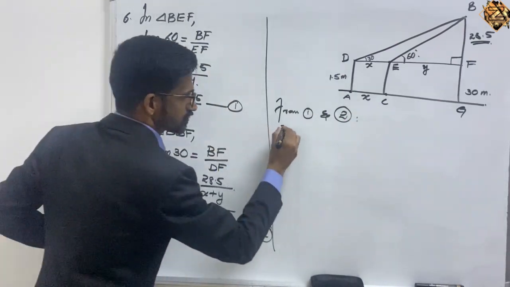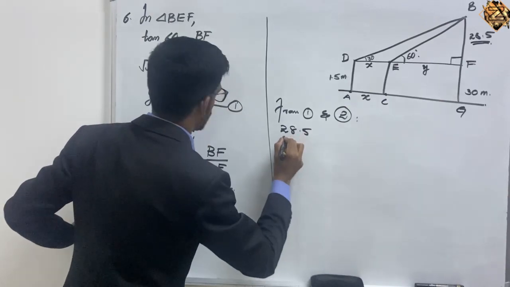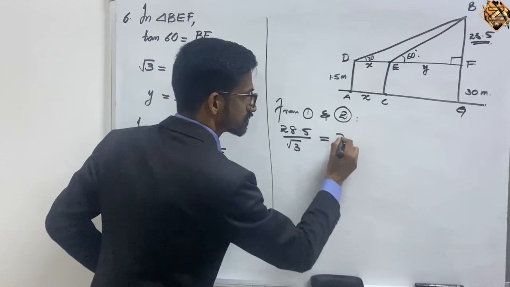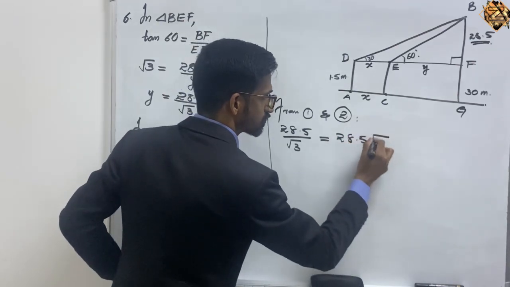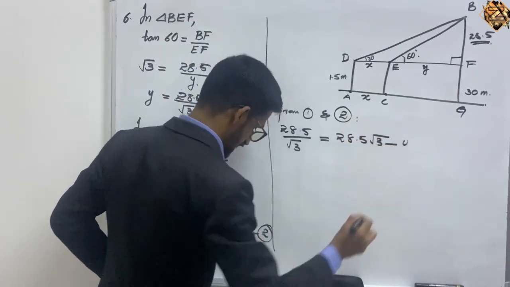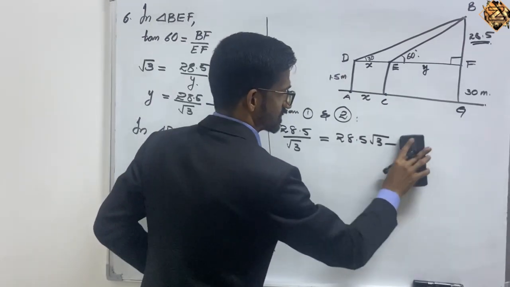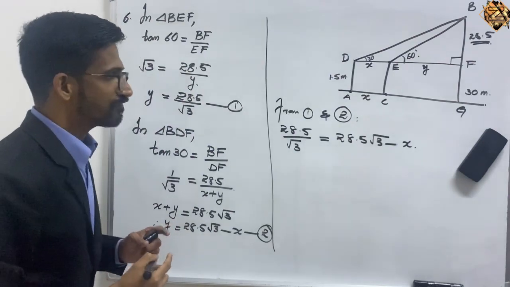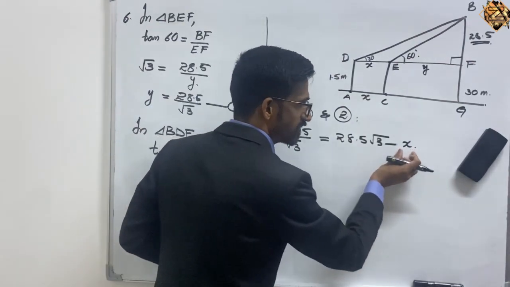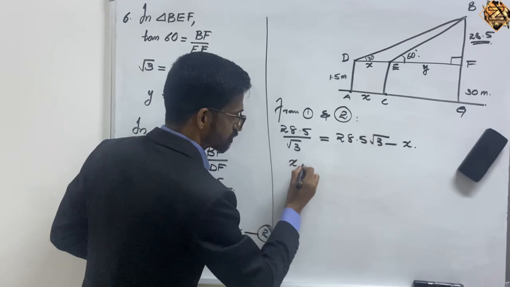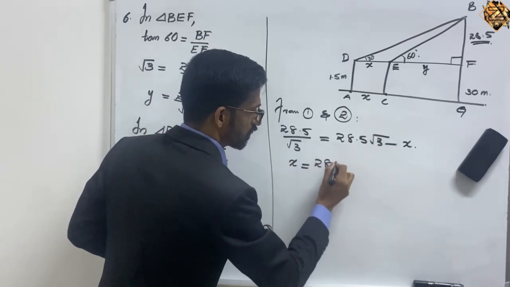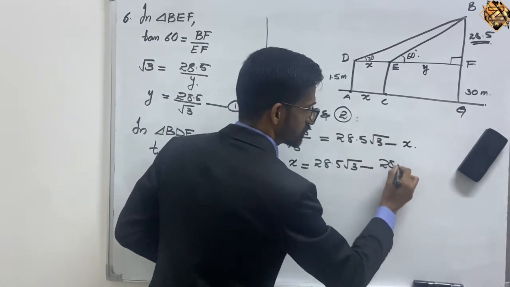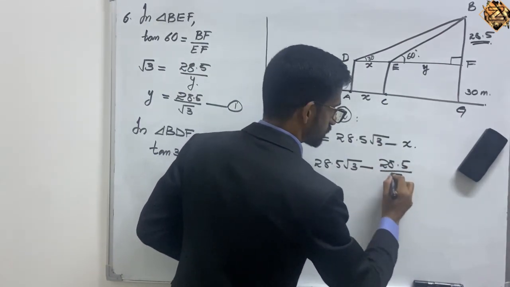So 28.5 by root 3 equal to 28.5 root 3 minus X. We have to find the value of X. Since X is negative, we will take X to the other side, so that X is positive here. So X equals 28.5 root 3 minus 28.5 by root 3.